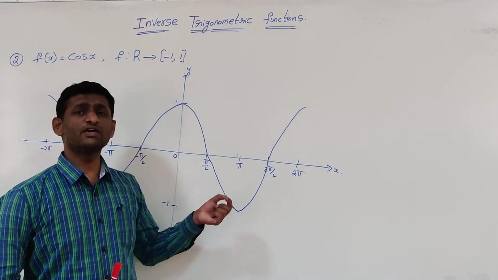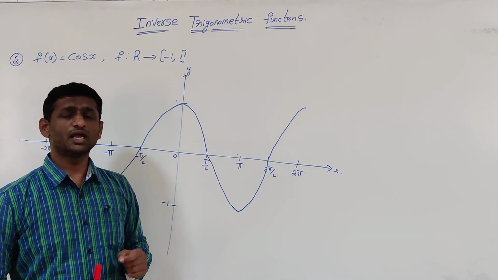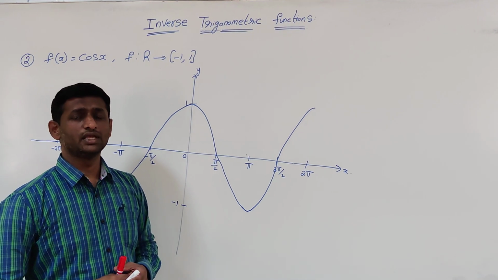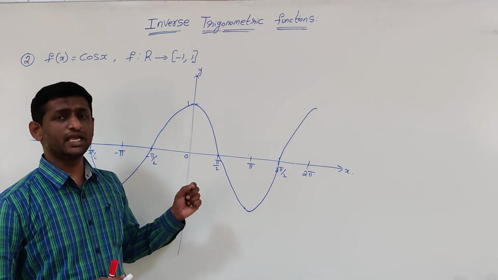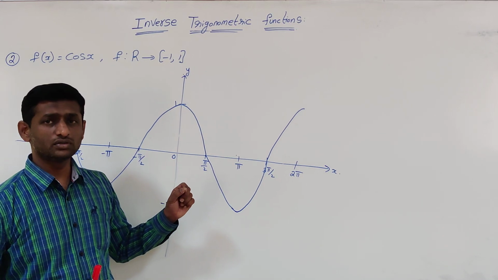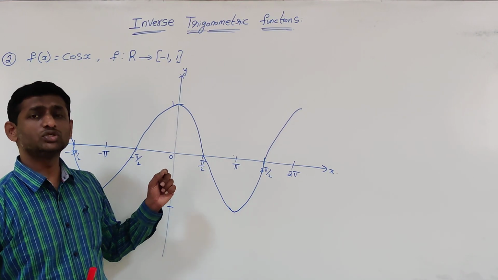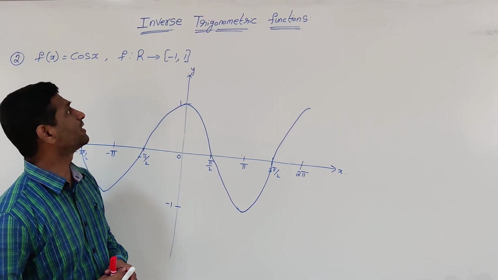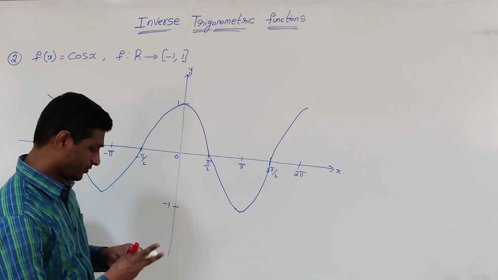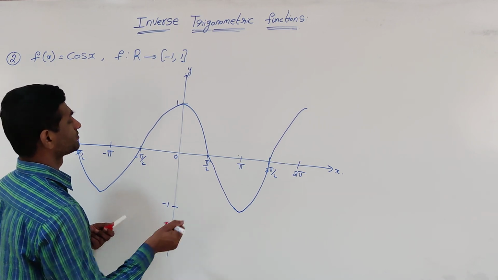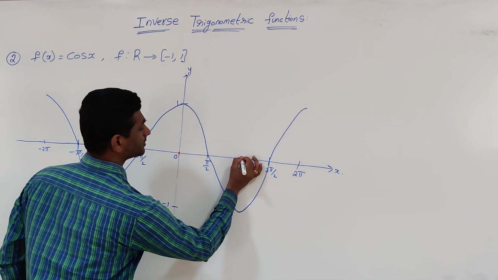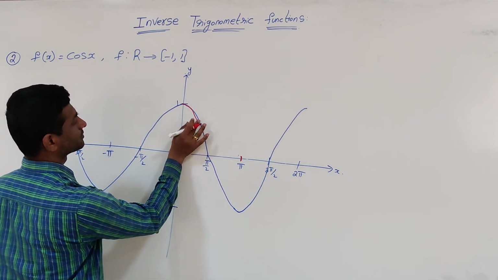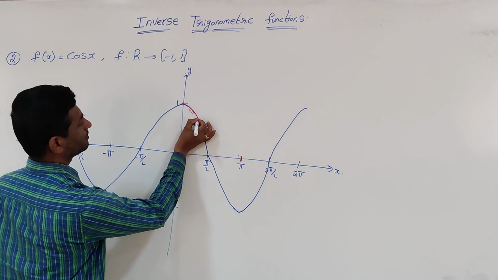But in order to be a 1-1 function and a bijection, we have to restrict our domain in such a way that distinct elements of the domain have a unique image in the closed interval -1 comma 1. So if we restrict our domain to 0 to pi, the graph will be like this.